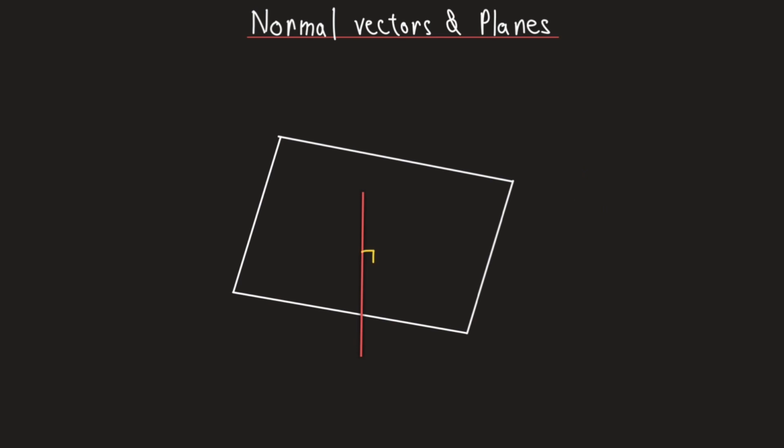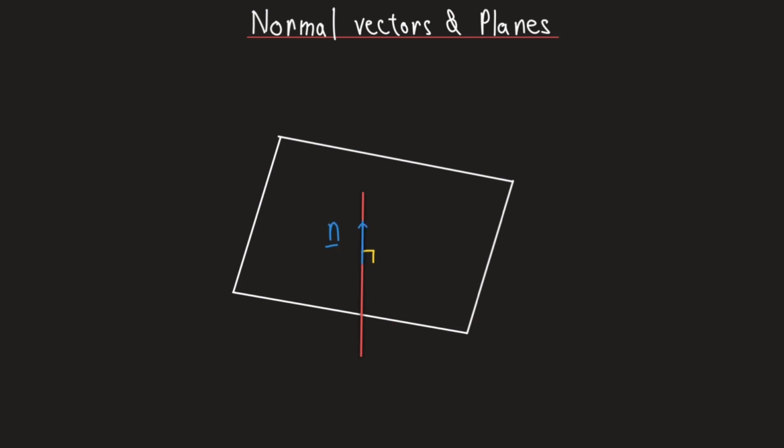And so, formally speaking, a normal vector to that plane is essentially a direction vector to that perpendicular line. And loosely speaking, a normal vector is a vector that is perpendicular to that plane.